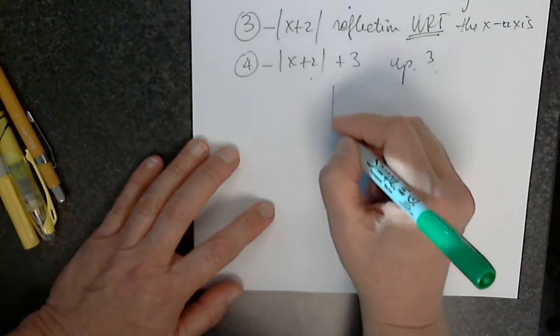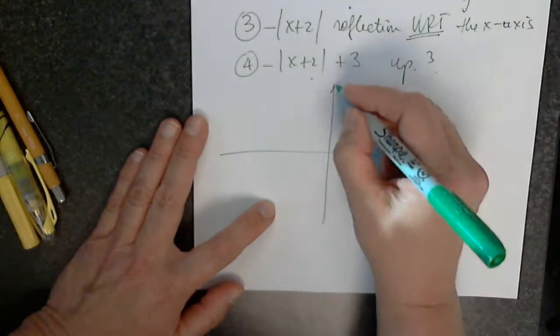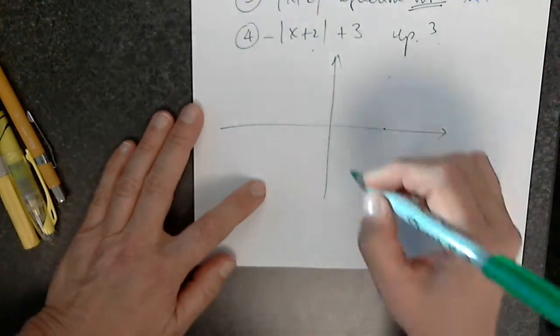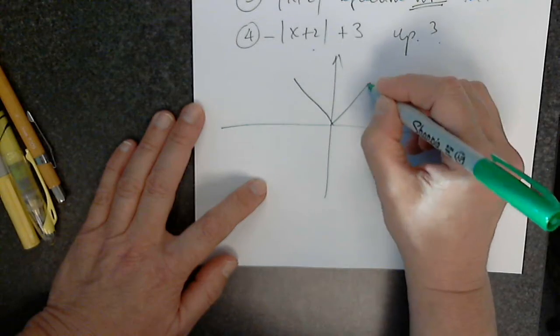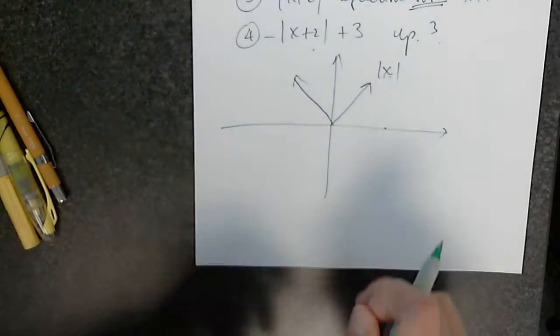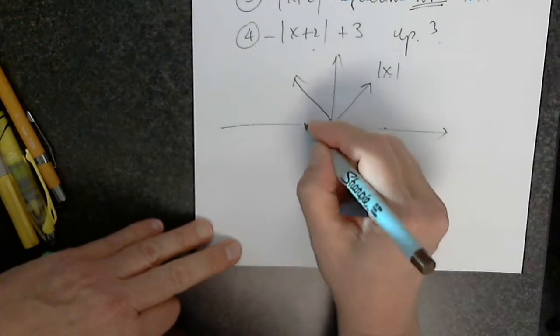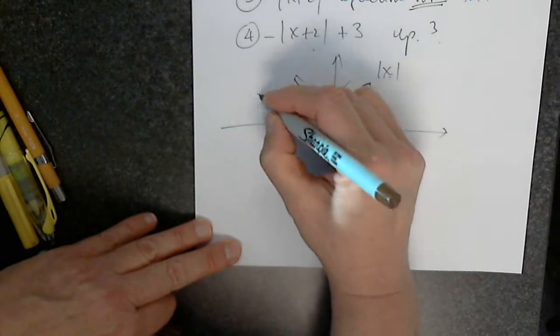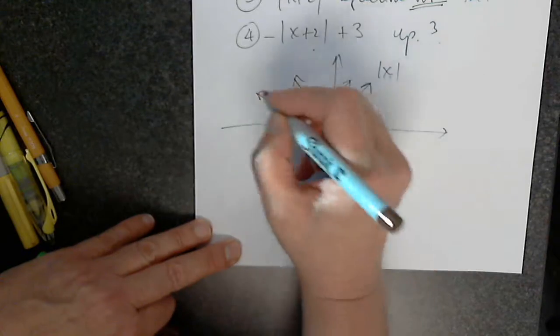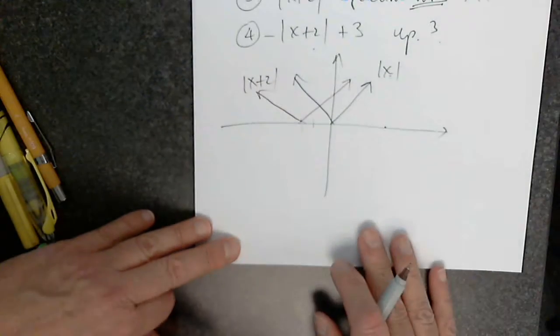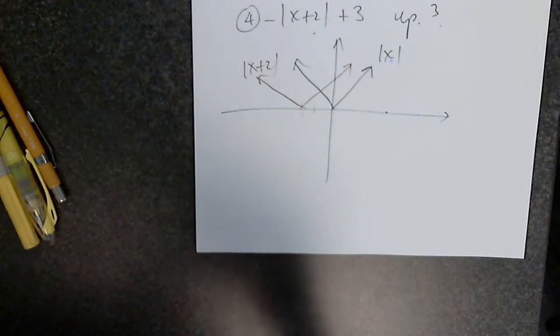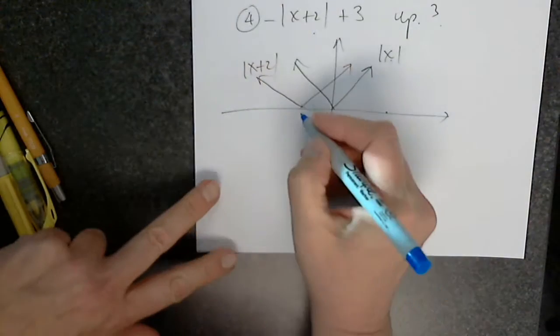So now I will quickly graph it. I'm going to graph the absolute value first. I'm going to shift it left 2. I'm going to reflect it with respect to the x-axis.